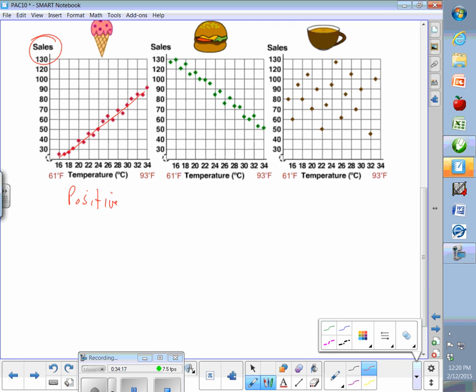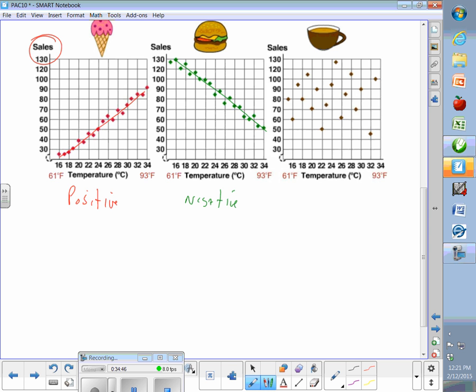Notice the second one, as temperature increases, what happens to the sales? They decrease. So this is hamburgers. The hotter it gets, the more people are buying ice cream than hamburgers, I guess. Right? As time goes by, it goes down, so this is a negative slope. And the last one, I guess, is coffee.